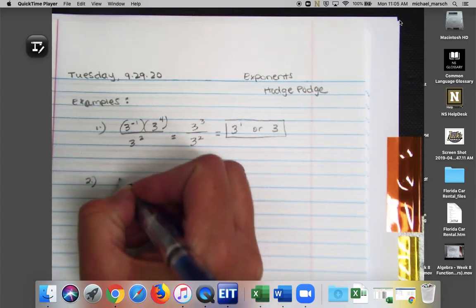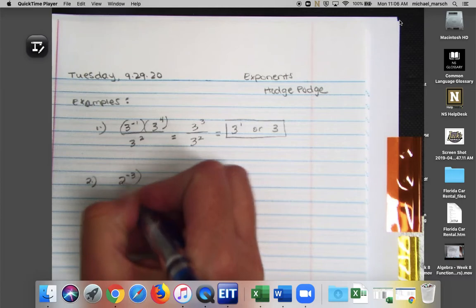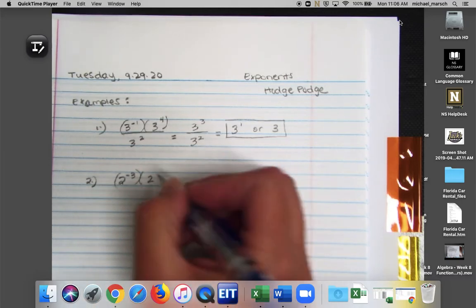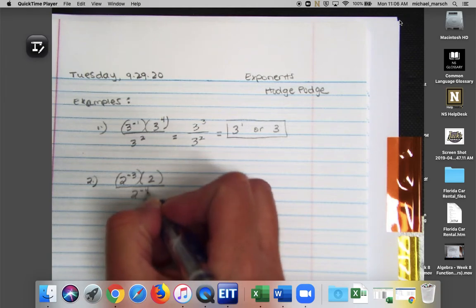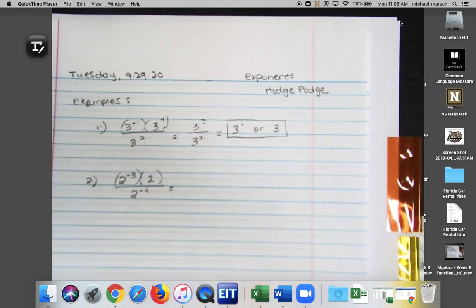Okay, let's try another one. Two to the negative 3rd times 2 divided by 2 to the negative 4th.